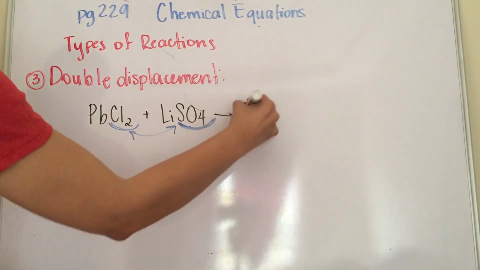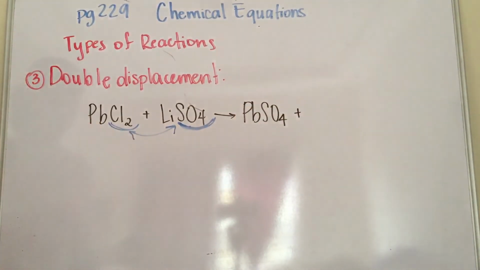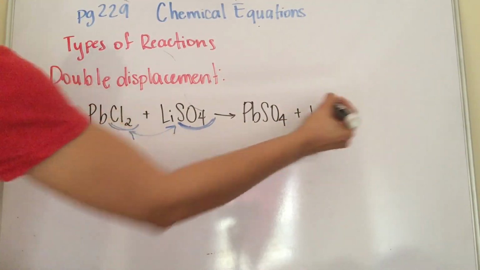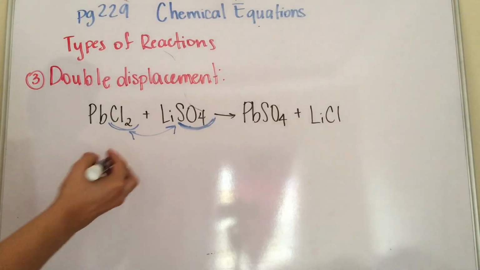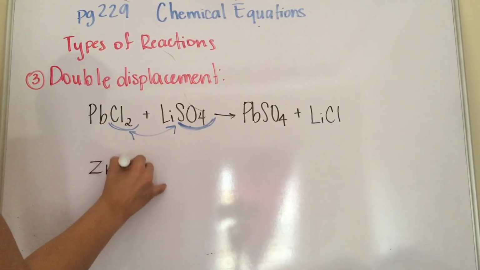So we're going to produce lead sulfate plus lithium chloride. All right, double displacement. We just switched them. Let's make another example.